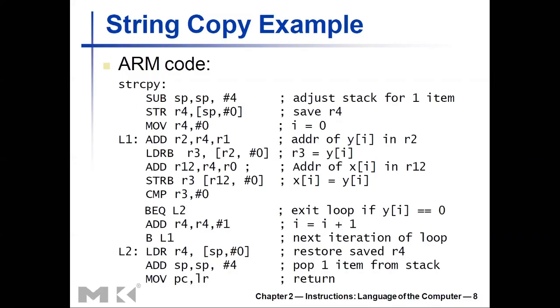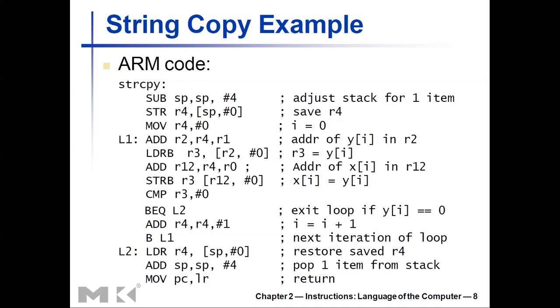That is, we are making i equal to 0. And then we come to the while loop we had in the C code. Inside that loop, we have this L1 label, and now you need to calculate the address of y[i], right?